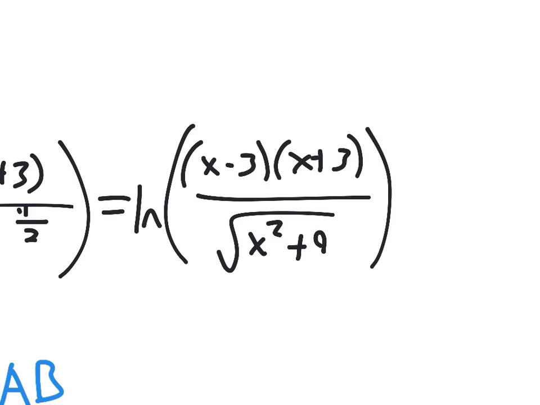And if you want to get rid of the square root in the denominator, multiply the inside of the logarithm by 1 in the form of square root of x squared plus 9 over square root of x squared plus 9. There we go.